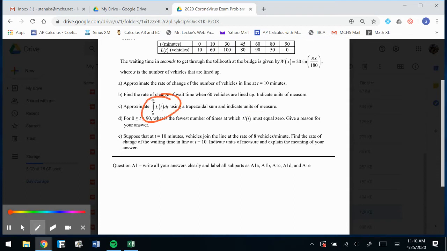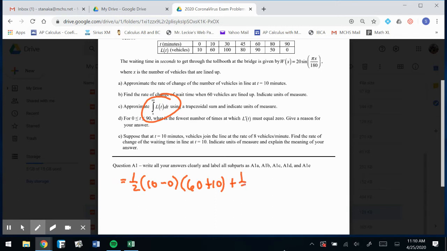So this guy here would be equal to 1/2 the height, which would be 10 minus 0, and then you add your 2 bases, 60 plus 10, plus 1/2 the height, which would be 30 minus 10, right, times 100 plus 60. Would you have to show all of that work? Of course not. I think it's helpful to show the work just in case you make little boo-boos.